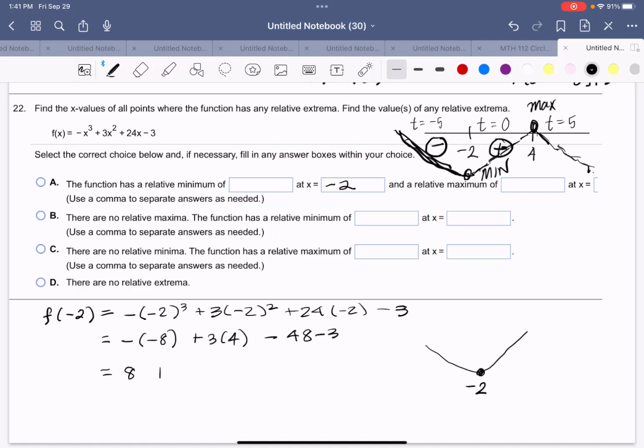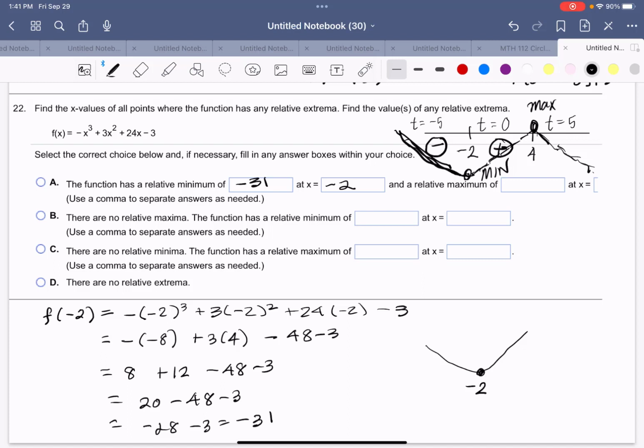That's 8 plus 12 minus 48 minus 3. That's 20 minus 48 minus 3. Negative 28 minus 3 is negative 31. So the minimum is negative 31 at x equals negative 2.